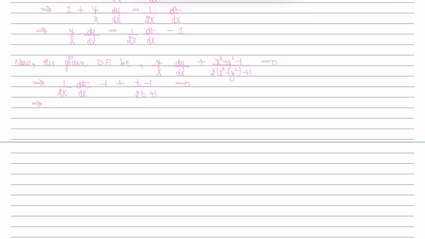We can write it as 1 upon 2x dt by dx is equals to 1 minus t minus 1 upon 2t plus 1.